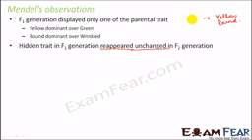The hidden trait was green and wrinkled. So if you see in the F2 generation, they were displayed as it is, the same wrinkled, the same green. It was not that green turned into blue or wrinkled turned into some other shape. It was not like that. So they were hidden, but they were retaining their identity, and they expressed themselves again in the F2 generation, right?